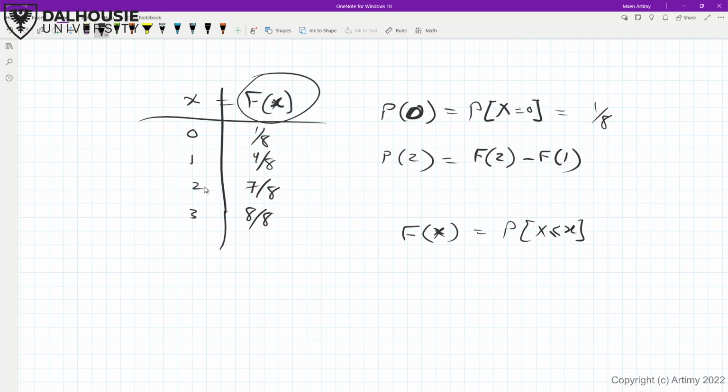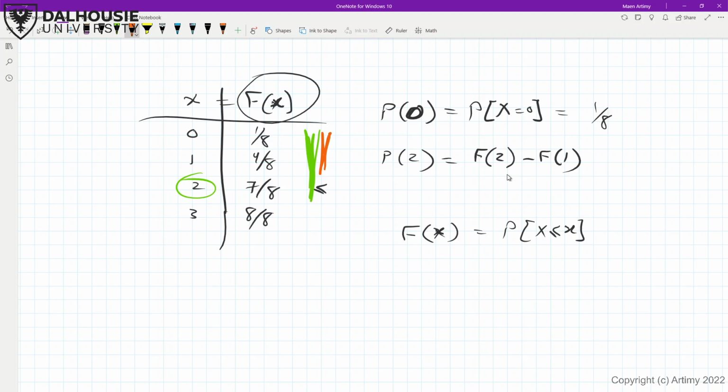This is actually the sum of all of these green probabilities, and I want to find only the probability of 2, so I have to subtract these probabilities.